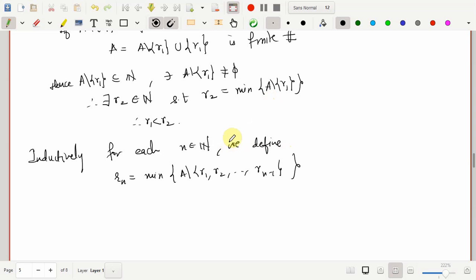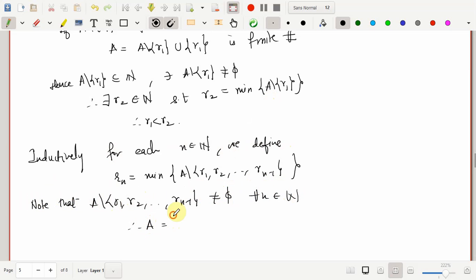Okay, and note that again this A difference {R1, R2, till Rn minus 1} is non-empty, and it is in fact again infinite, for each n in N. And therefore we have, see, each Ri is coming from A itself.